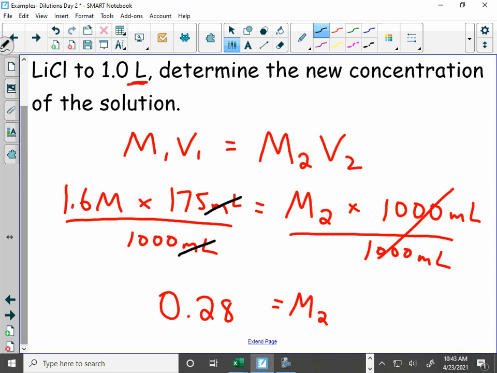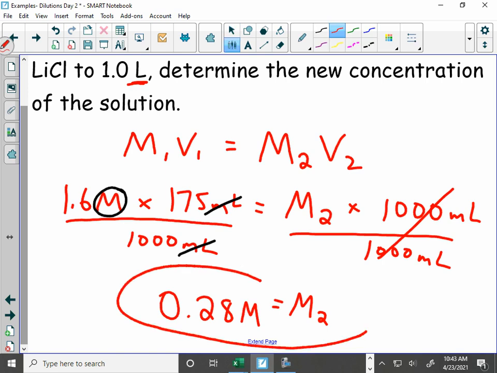Milliliter over a milliliter, that cancels. So that leaves me a label of M. So my M2, once I've made this dilution, my new concentration is 0.28 molar lithium chloride solution.